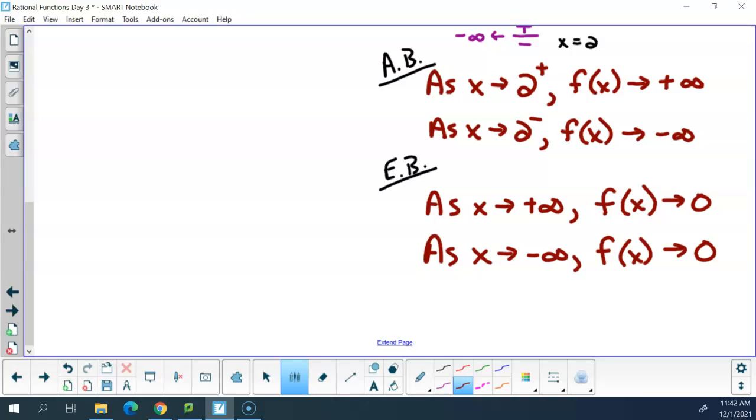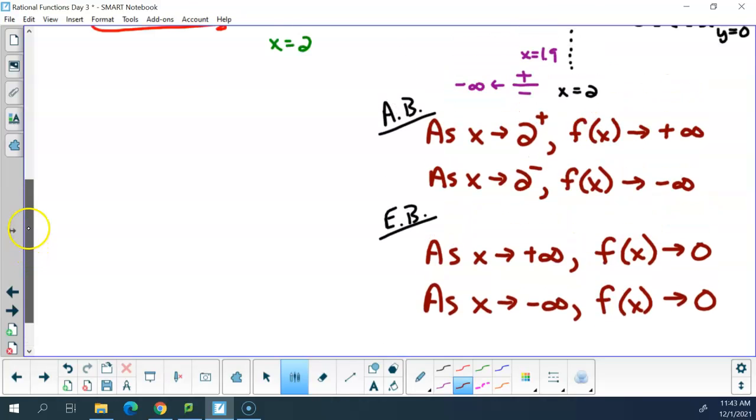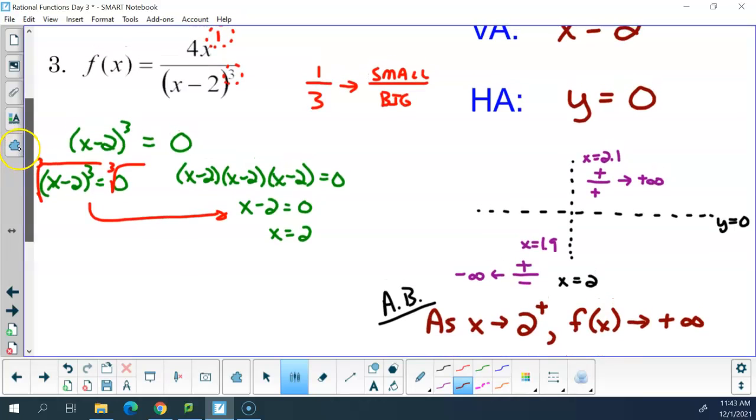I know that already. We just now got to figure out if it's approaching 0 from above or from below. But because we know what our horizontal asymptote is, we know that that's what it's approaching. Okay? So let's scroll back up here so we can see our function.